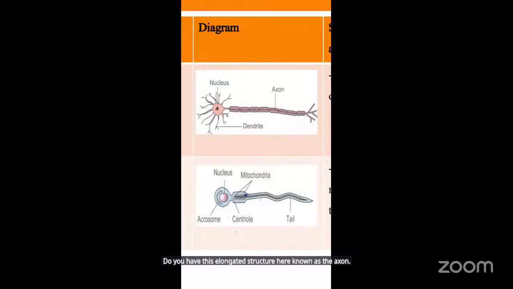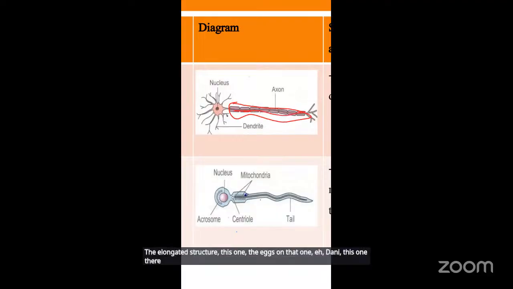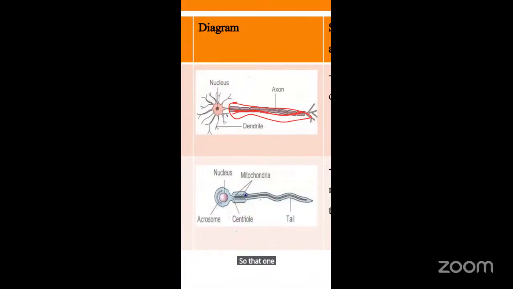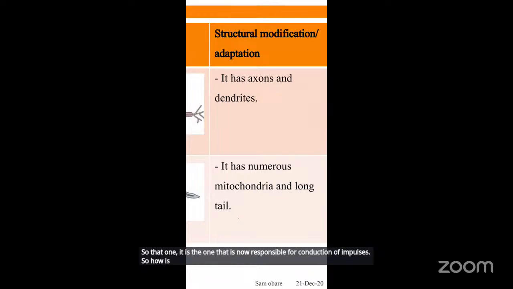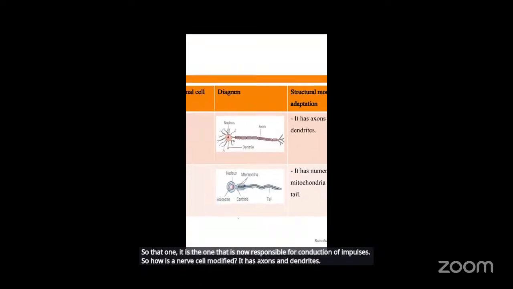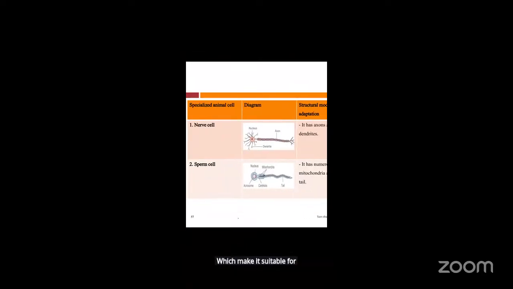That one is the one that is responsible for conduction of impulses. So how is a nerve cell modified? It has axon and dendrites, which make it suitable for transmission of impulses.